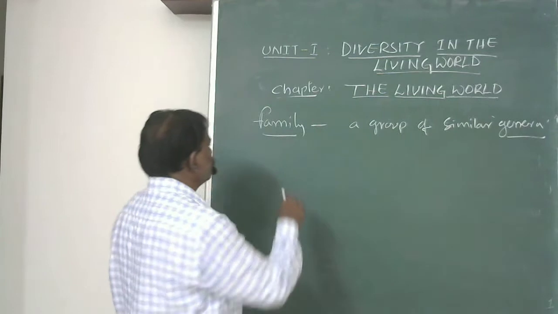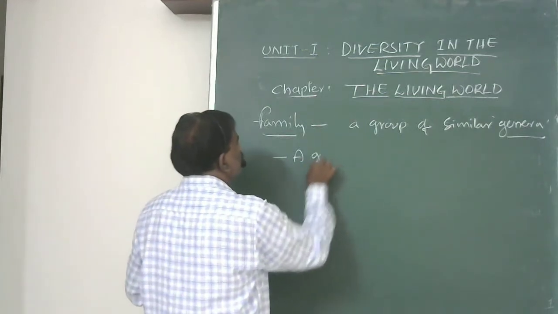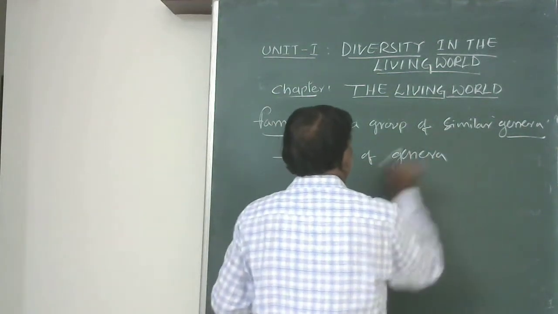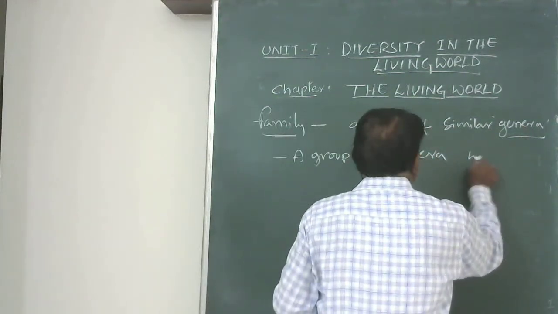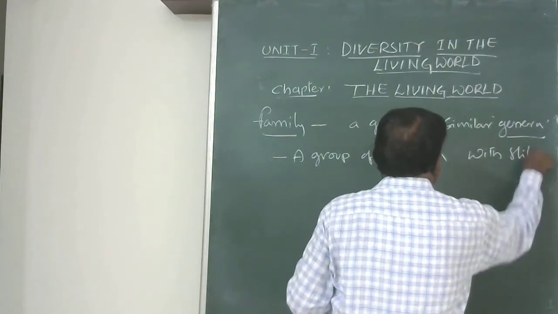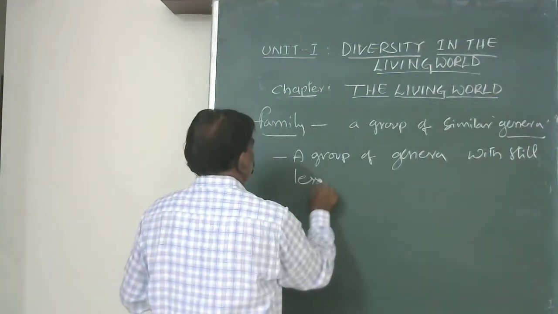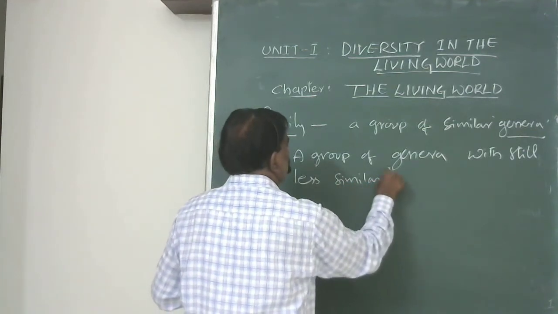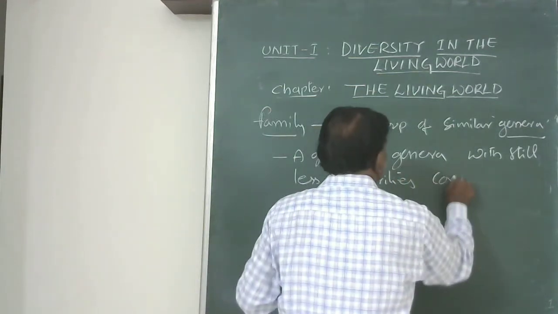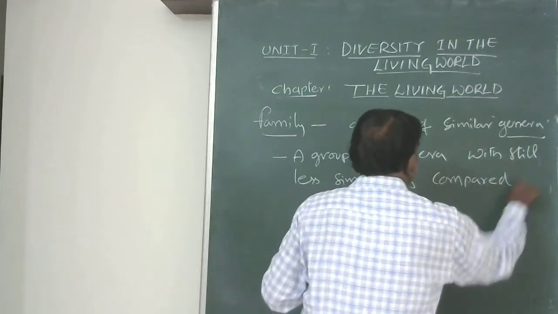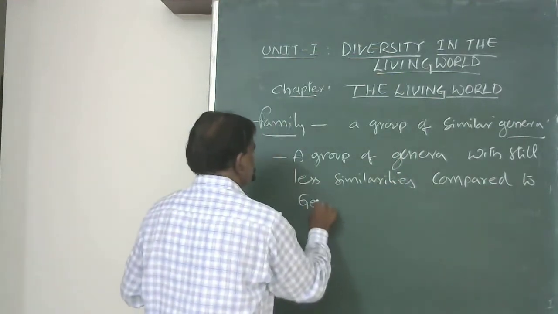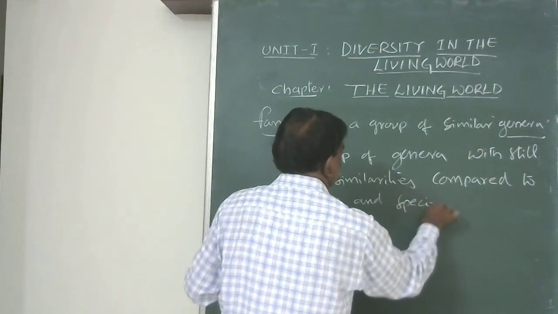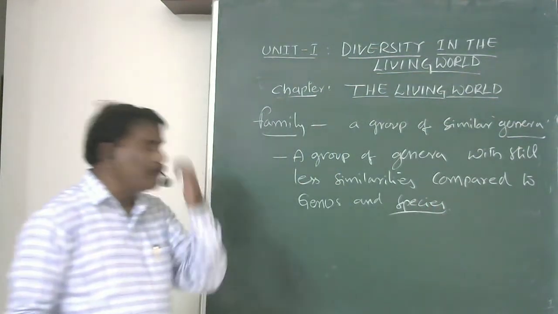Actual definition: a group of genera with still fewer similarities compared to genus and species. They are called a family.